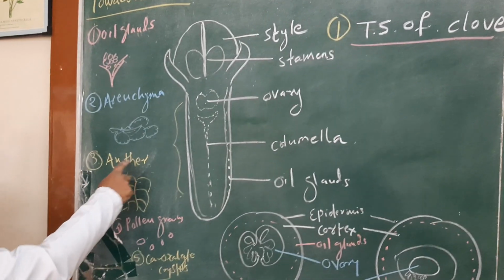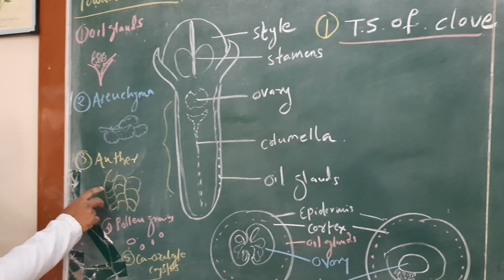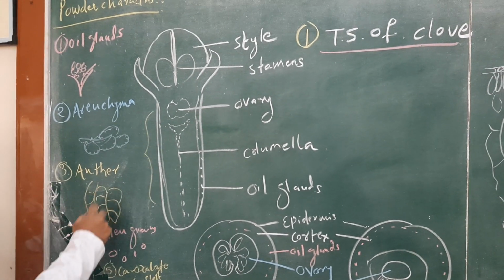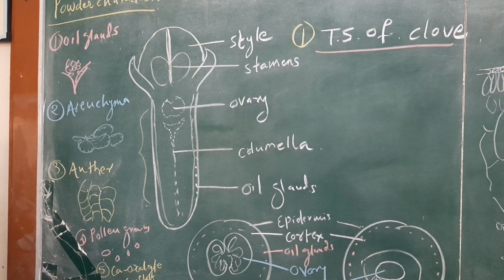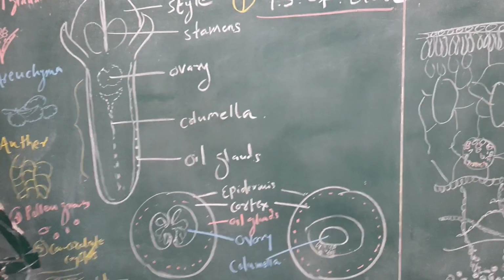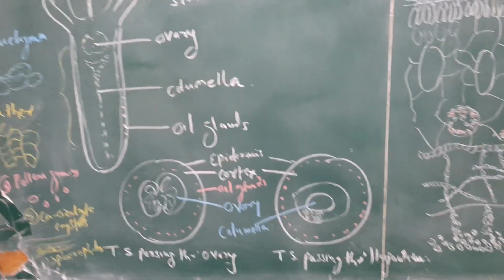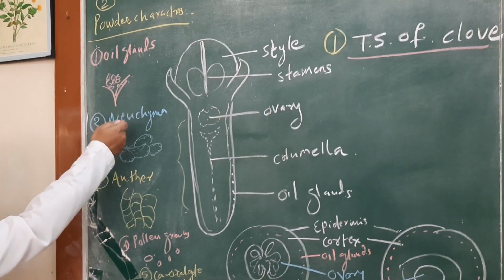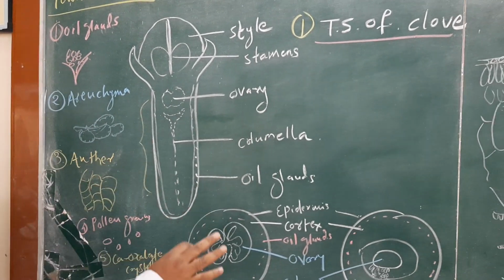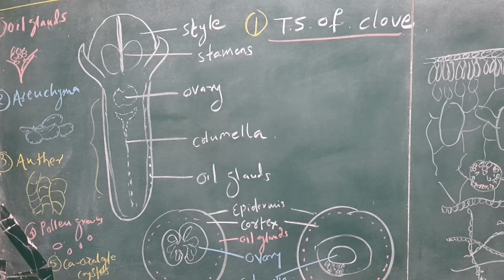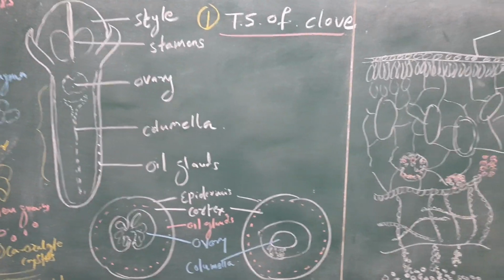Next is the anther. These are anthers, with a fibrous layer of anther with reticulate cells. These are called reticulate cells. And calcium oxalate crystals, which are prophytes. These are some important powder characters present in clove. So this is about TS and powder characteristics of clove.